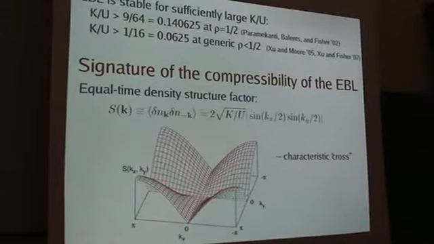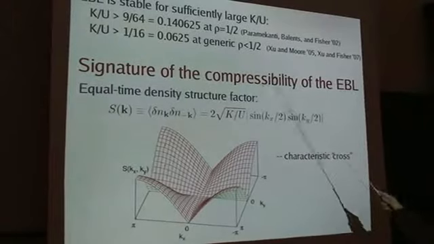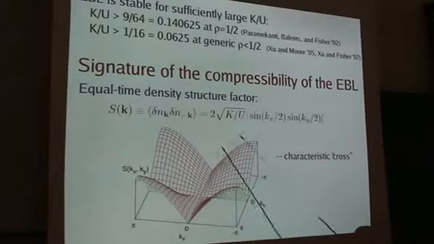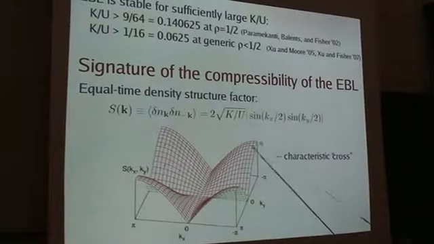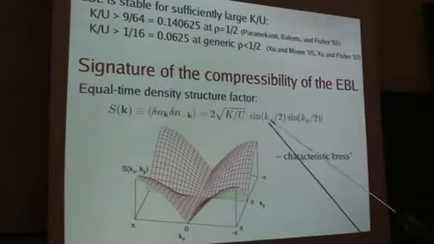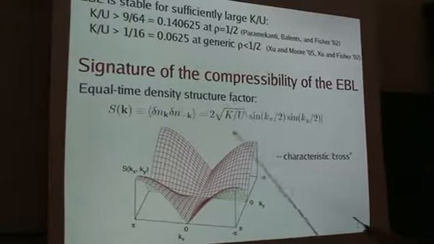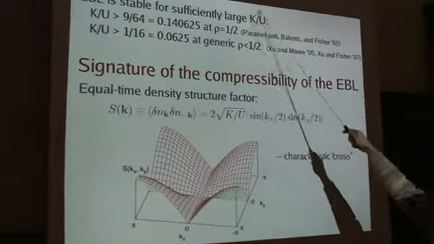One signature of the compressibility of this EBL phase that I want to mention, since it is very useful in numerical studies, is the density structure factor. One can calculate it in this harmonic theory and obtain this form, the product of sine kx over 2 and sine ky over 2 times a prefactor related to this stiffness parameter.